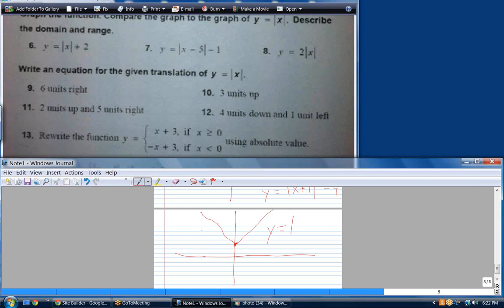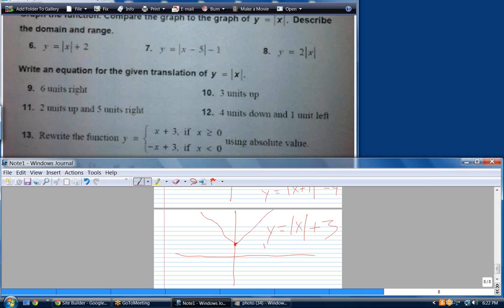Y equals absolute value of x looks like this. The vertex is at 0. So this would be the absolute value function shifted how much and which way? 3. Okay. So it's the absolute value of x plus 3.